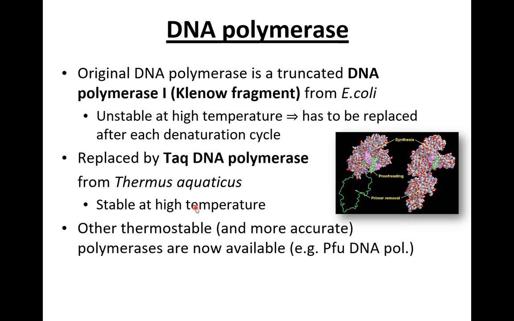Now, a few words about DNA polymerase. As I said before, DNA polymerase can actually at a certain point be denatured. This was a huge problem, particularly at the very beginning in the 80s when the technique was just developed. What scientists were actually using was a truncated form of DNA polymerase 1.